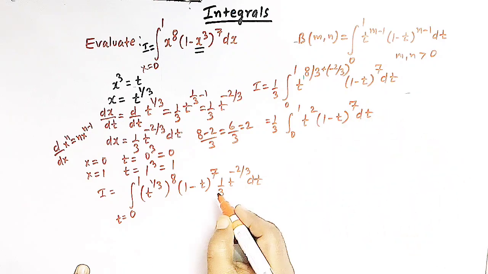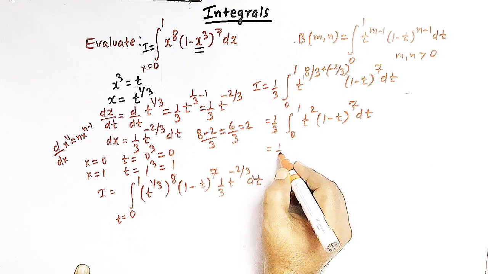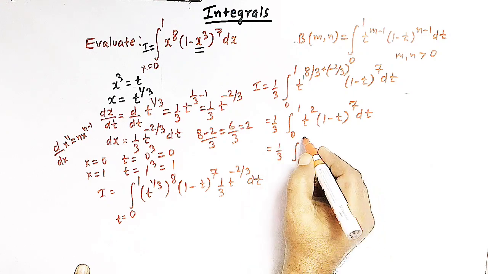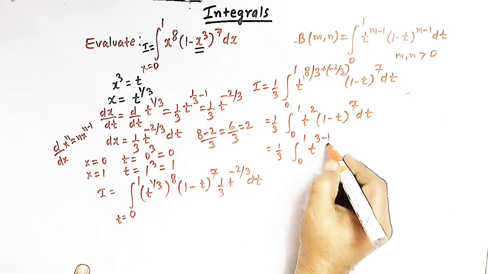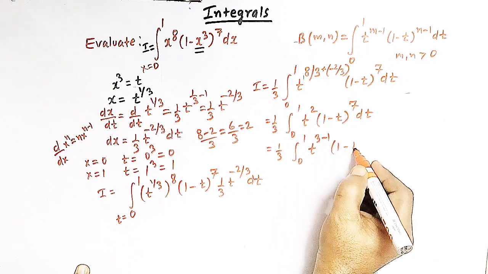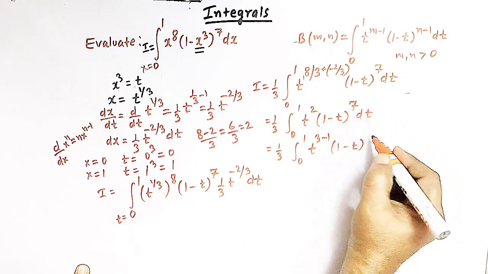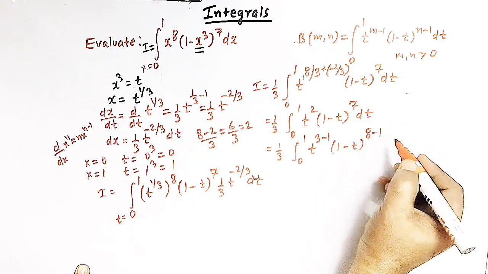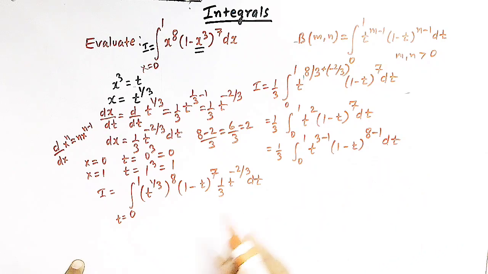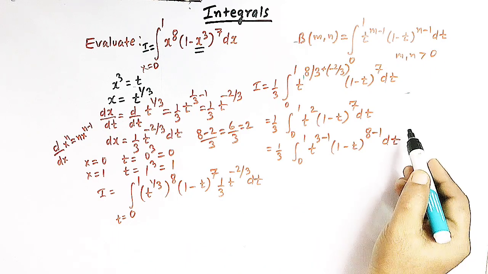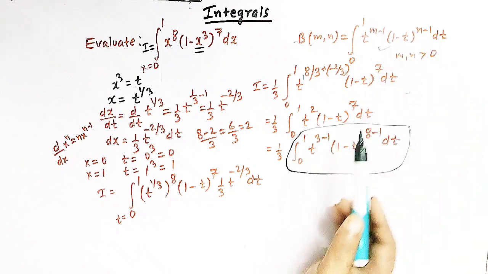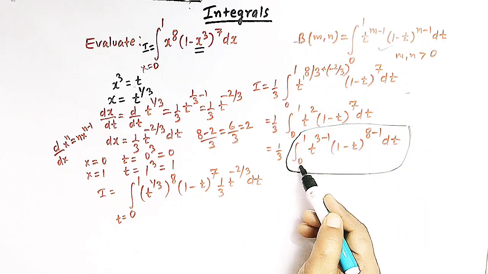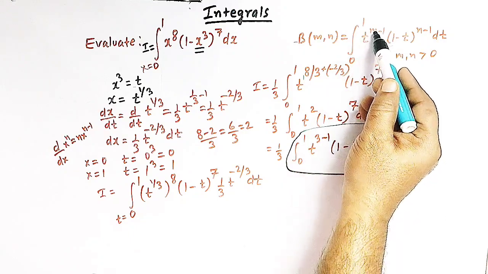And here we have dt, right? Okay, so now we can write 1 over 3, integral from 0 to 1. Now t square can be written as t raised to 3 minus 1. And here we have (1 minus t) raised to 7, and 7 can be written as 8 minus 1, dt. So now we can see that this integral is of this form. So here 0 to 1, then we have t raised to m minus 1.